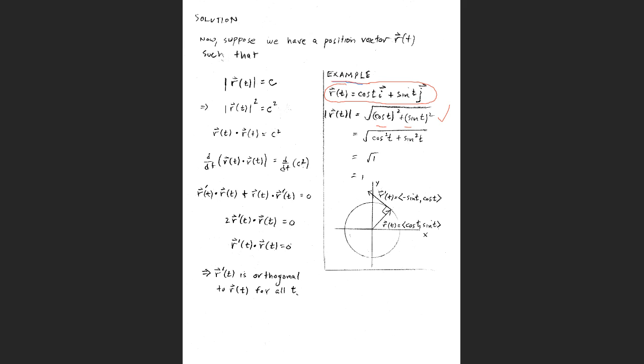Well, what's the square root of cosine squared plus sine squared? Why is cosine squared plus sine squared of our angle t equal to 1? Where do we get that from? That sounds like an identity. Does anybody know that identity? It is an identity.